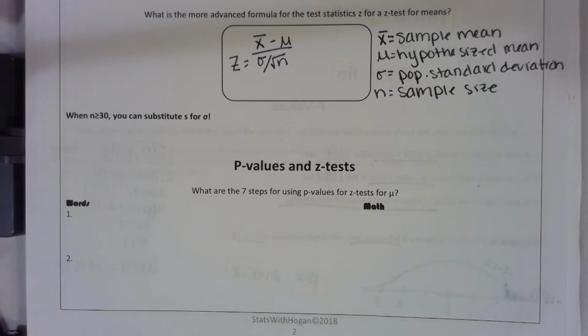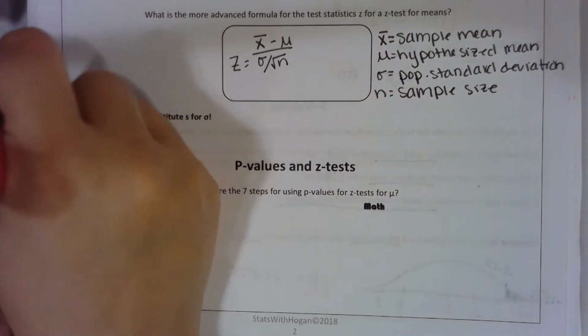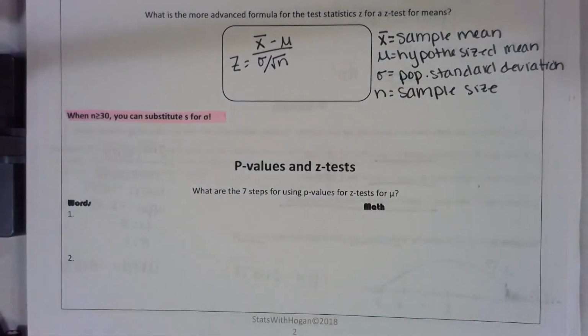Okay, so your first step is to write your claim mathematically. You also need to identify, once you have your claim, your null and alternative hypothesis.